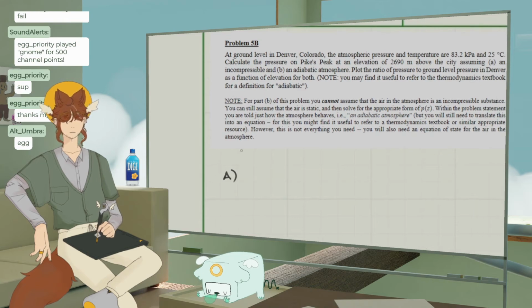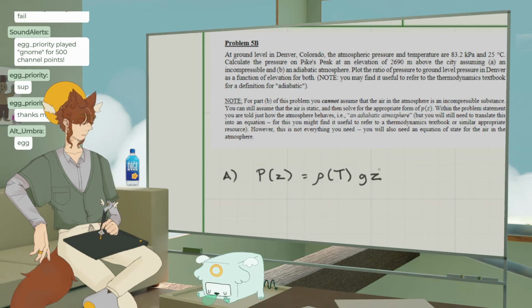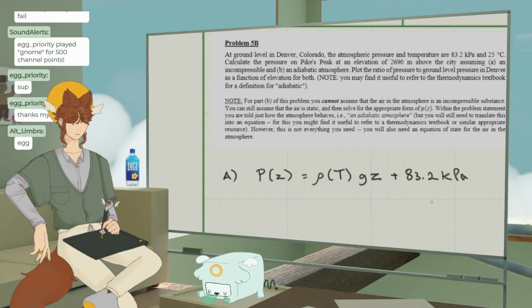Anyway. So pressure. I guess I should do pressure as a function of Z equals, sure, rho g Z. Okay, solved. No, I'm kidding. Plus, let's see, plus 83.2 kilopascals.